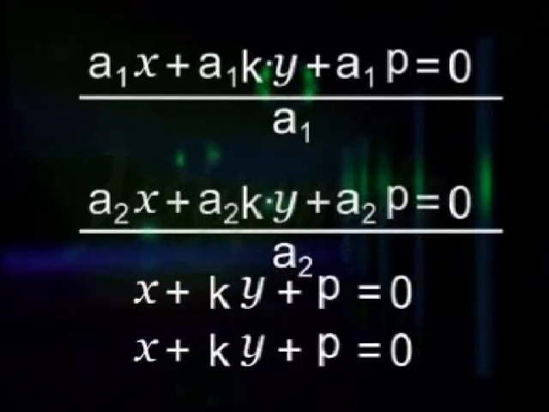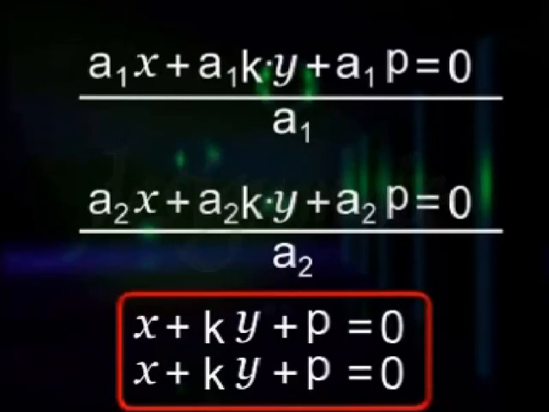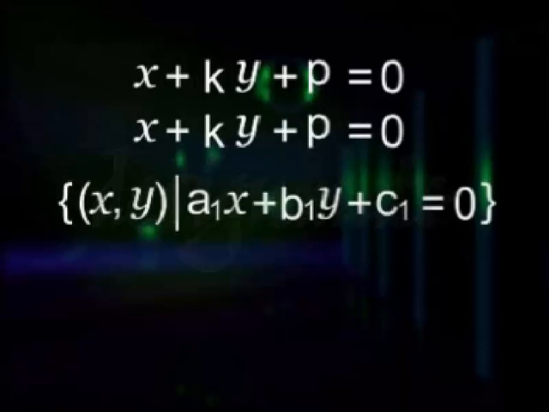By dividing the first equation by a1 and the second by a2, we get the same equation, which is x + ky + p = 0. The solution set of the system is {(x, y): a1x + b1y + c1 = 0}. Thus, in this case, the system has infinitely many solutions.